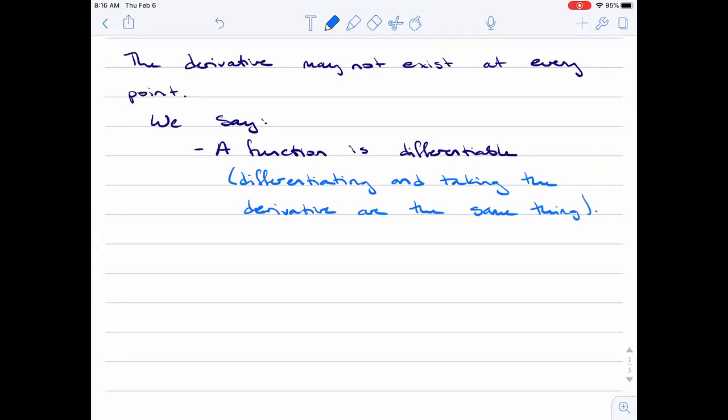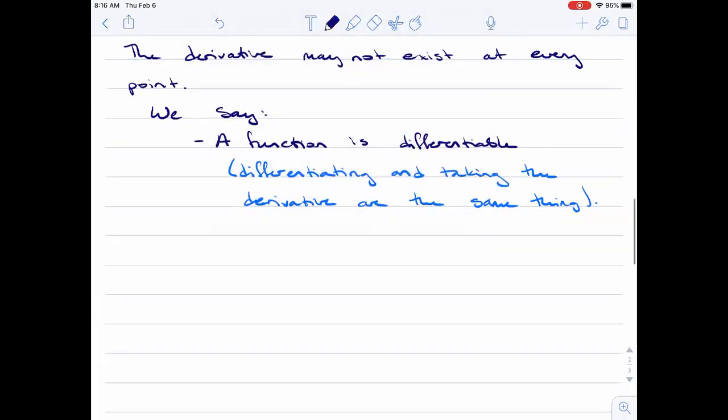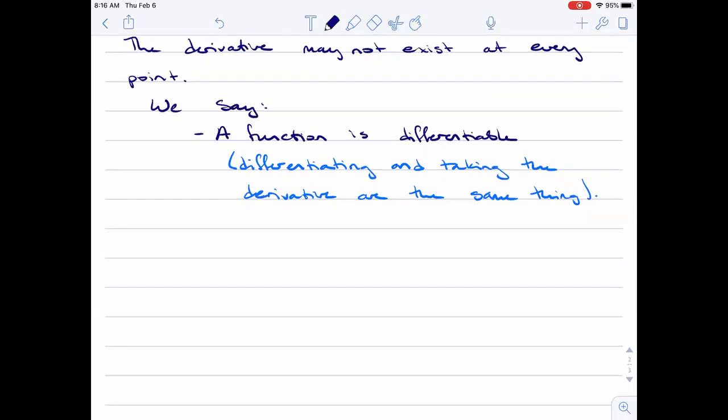That's important: if I say differentiate this or take the derivative of this, those are the same thing. They're interchangeable and I'll use them interchangeably. So a function is differentiable at a if f prime of a exists.